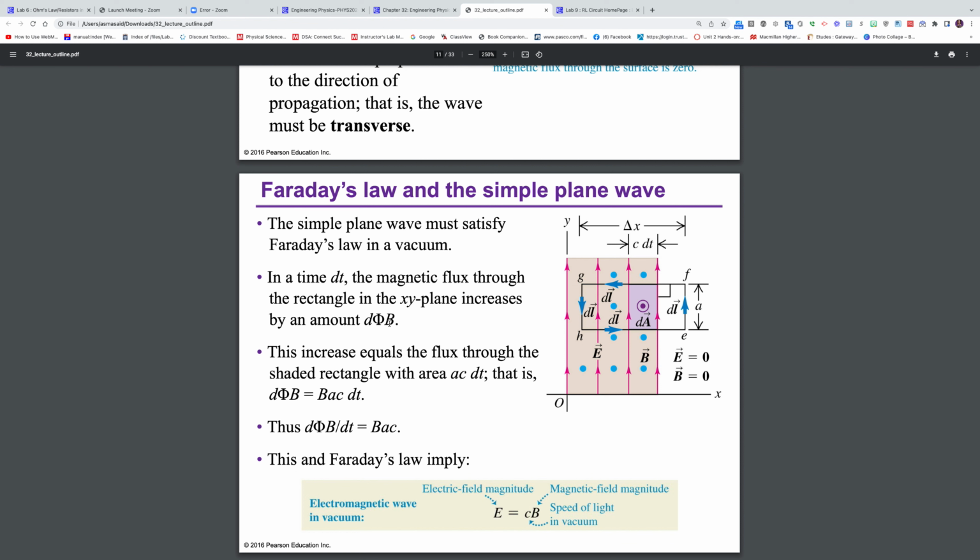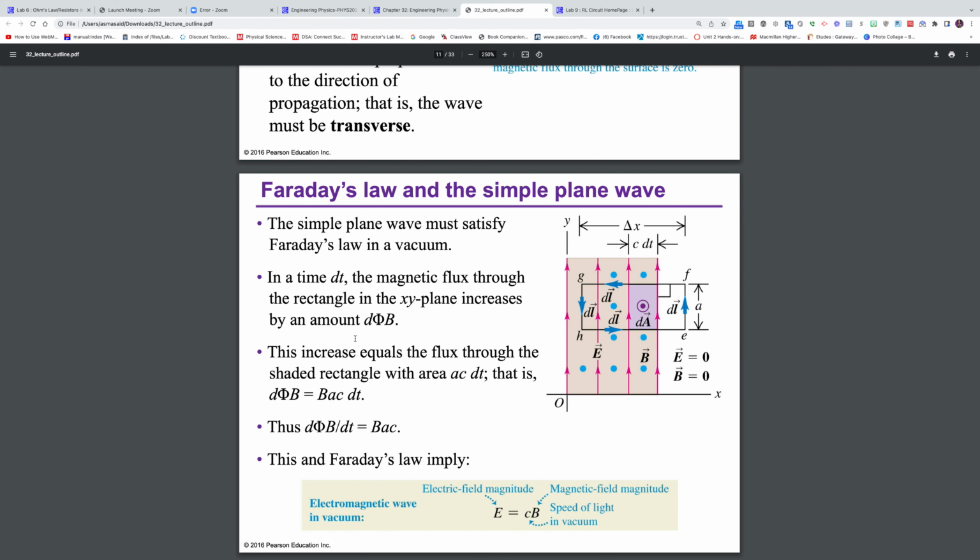Here, we are going to relate Faraday's law and Ampere's law. The derivation, for me, is not very important, but it shows that we have the electric field for an electromagnetic wave, the magnetic field is going out of the page, and the vector dA is going out of the page as well.